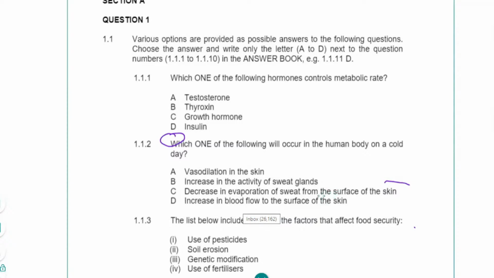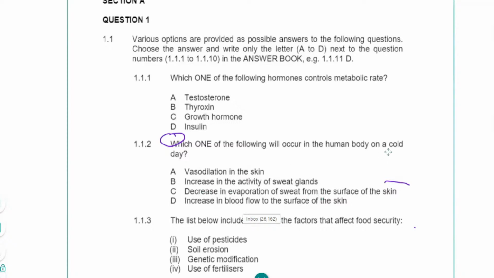Because the temperature is cold, we expect overheating to happen less. That's why if there is too much heat on your body, you go to cold so that the overheating is reduced.